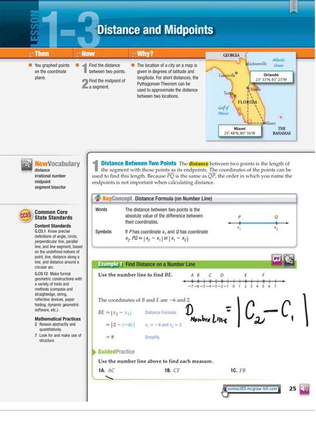So if I want to find the distance for AC, I could count it, 1, 2, 3, or I can say the absolute value of -7 minus -4. Now notice that the minus is a part of the formula itself. It doesn't replace this negative sign. The minus has to be in the formula.